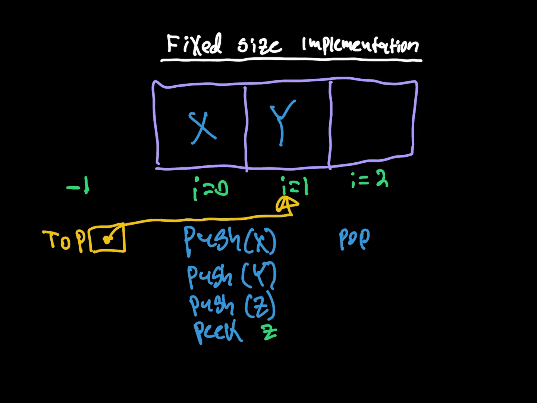Right? So if you did peek now, we would be at index 1, which is holding not Z, it's holding Y.